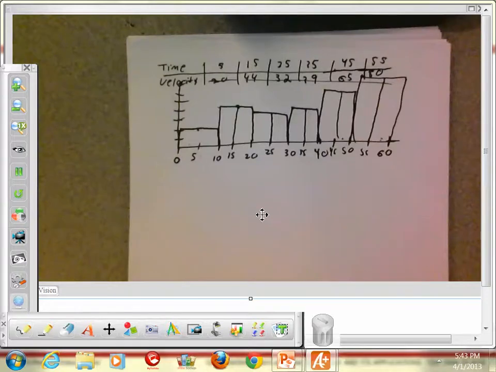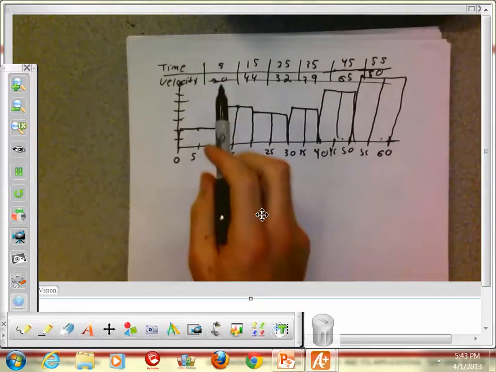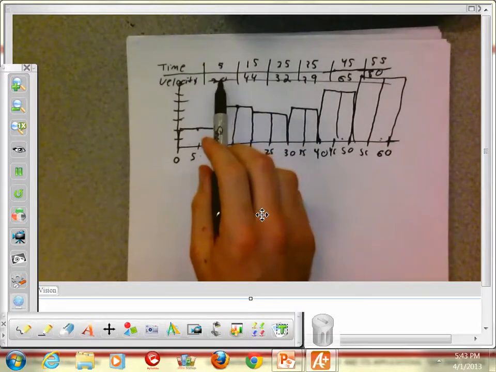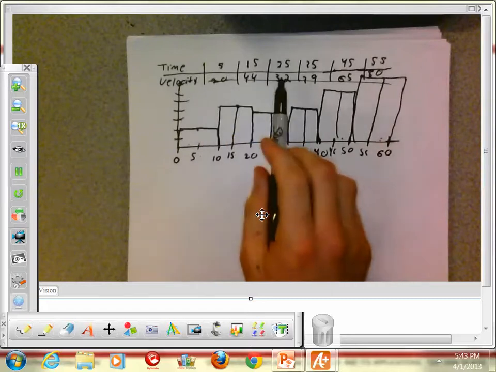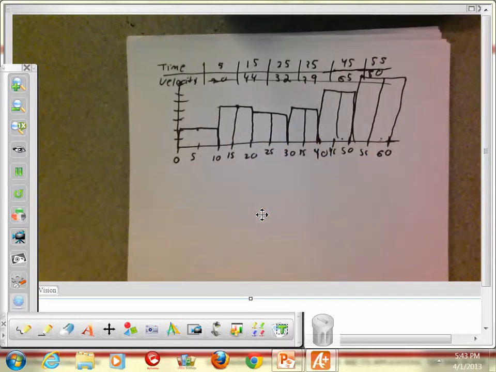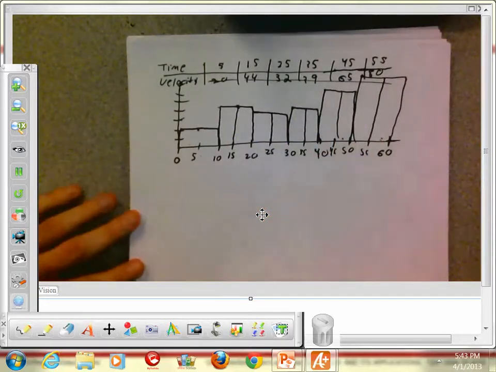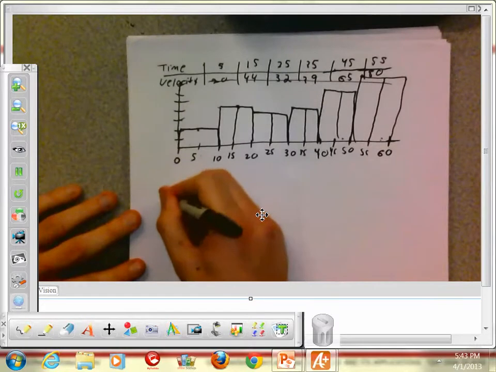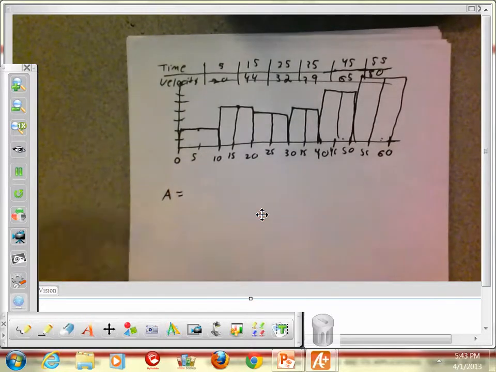And for the area of all these rectangles, we're just going to find the area of each rectangle. The base of each one is 10. And the heights are: the first one has height 20, then 44, 32, 39, 65, and 80, right? So if we just find the area of these rectangles, I'm just going to use A to represent area. But before I do this, any questions on what I've done so far?